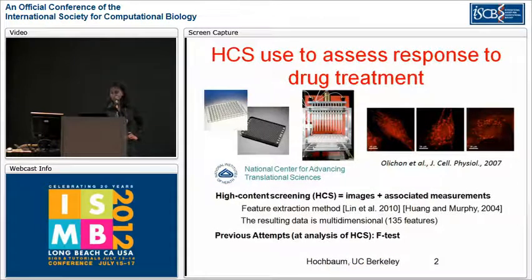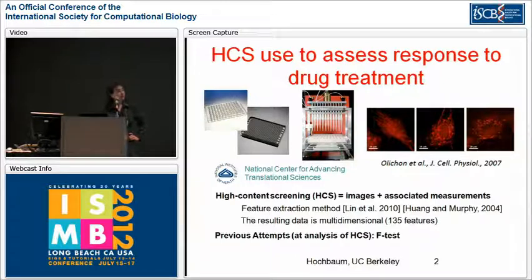So, the main purpose in this particular project is to use high-content screening, which provides from cell images a list of associated measurements. So works like that used high-content screening extracted features. One work is Lineal and the other one is Wang and Murphy.